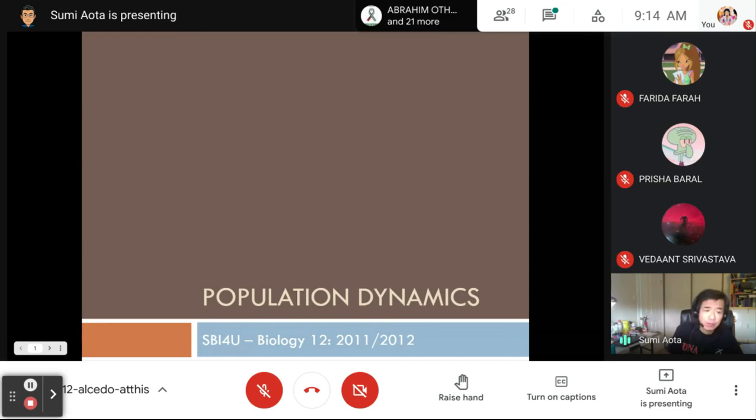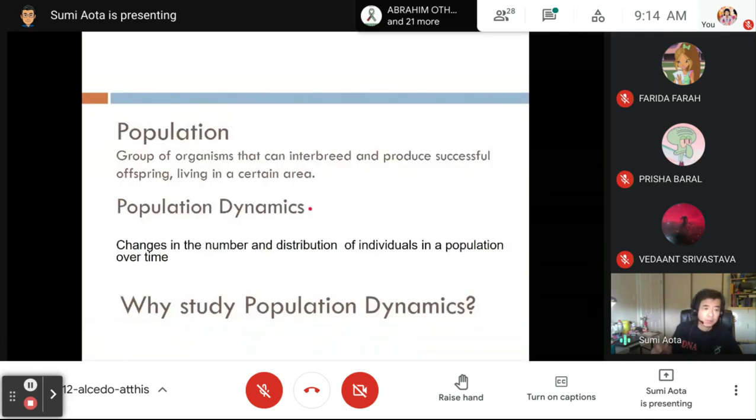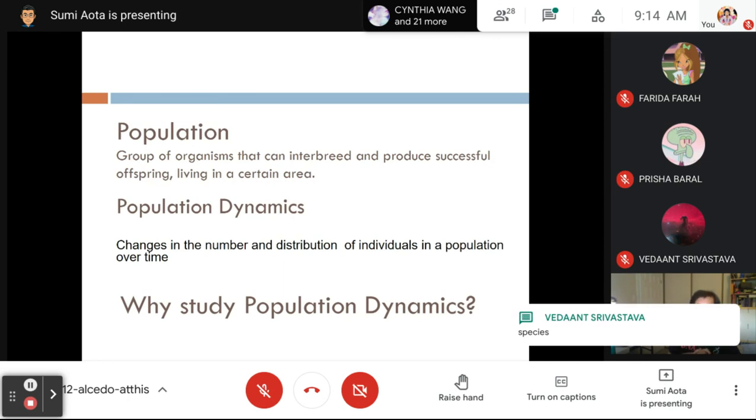Okay, so we have to define a few terms. If we look at the term population, it's a group of organisms that can interbreed and produce successful offspring living in a certain area. What does that definition also sound like? Yeah.